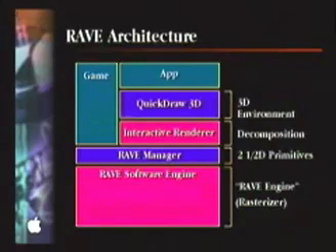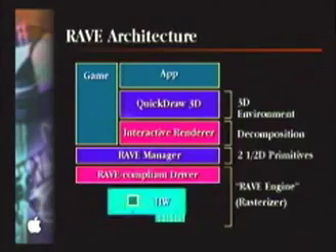These are then transformed into raster space and then handed off, the triangles that is, or lines, to the Rave manager as 2.5D primitives. In other words, this sort of screen space with depth information. The Rave manager then selects either the Rave software engine or a Rave compliant driver, which is a Rave hardware engine, which then can talk to either software in the first case or hardware in the second case.